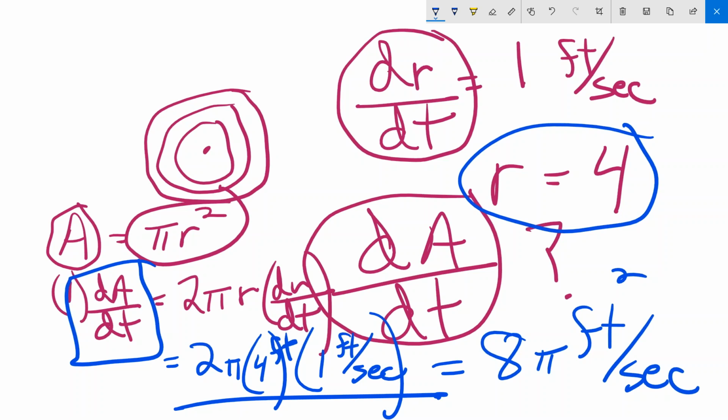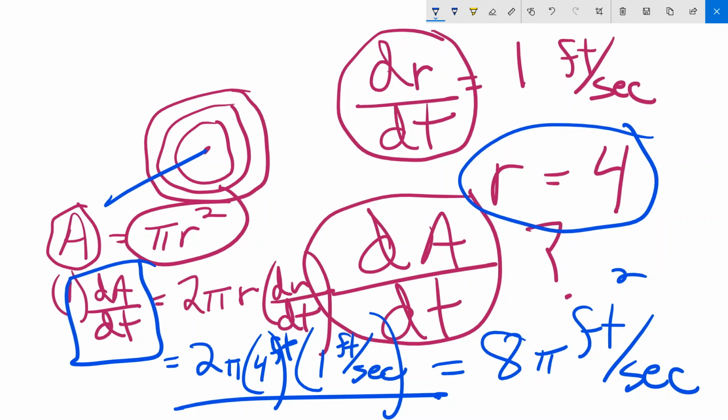So you can only tell at a point in time or a dimension. When r is exactly 4, you can figure out what dA/dt is, even though the only thing you know is dr/dt. What you always have to work with is this master equation, the equation that relates A and r.